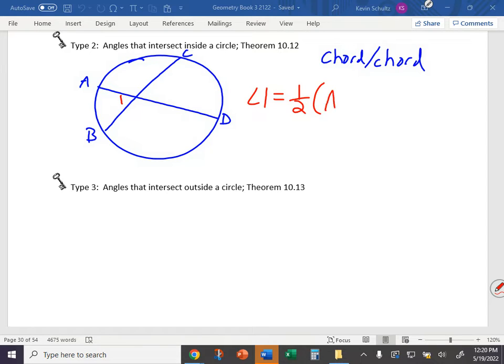Okay? So half the measure of arc AB plus arc CD is the measure of angle 1. I'm going to put these arcs in red as well so that we can see what I'm talking about there. So angle 1 and its vertical, half the sum of those associated arcs.